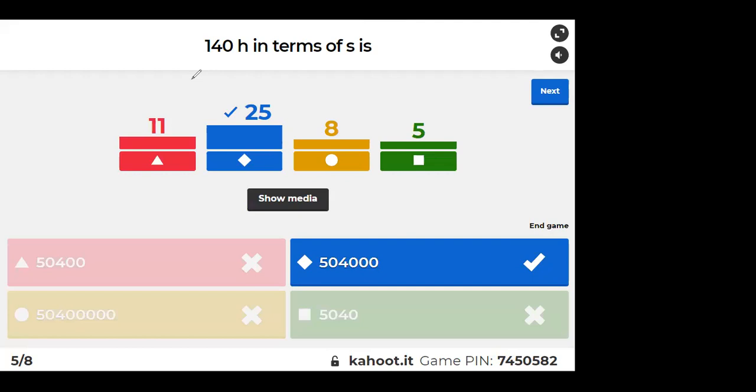Most of you are correct now. So 1 hour is equal to 3600 seconds. So 140 hours is equal to 140 into 3600.